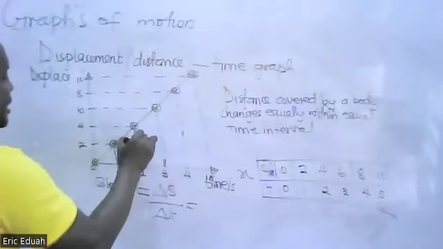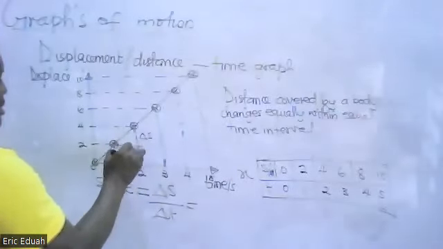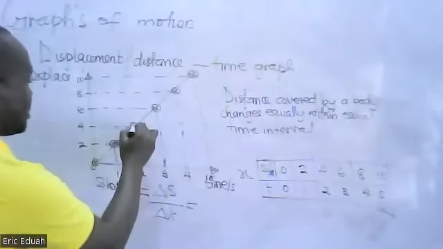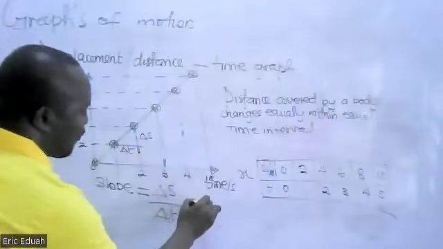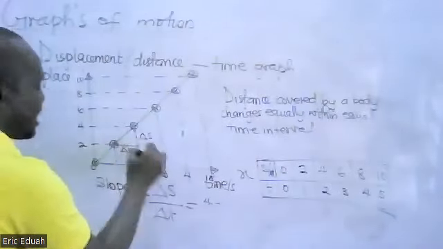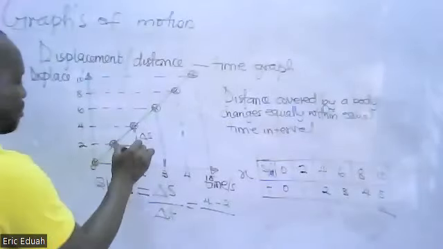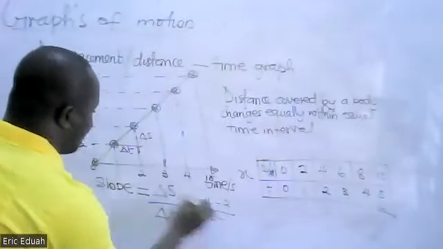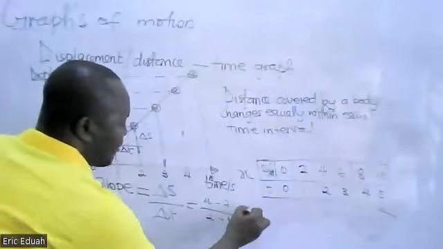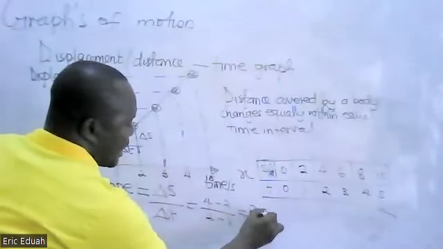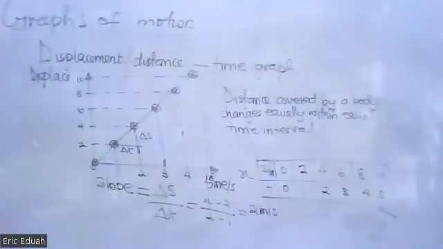So a change in S, a change in T. The maximum vertical value is 4, the minimum vertical value is 2, divided by the change in time. Maximum 2, minimum 1. So you have 2 meters per second.